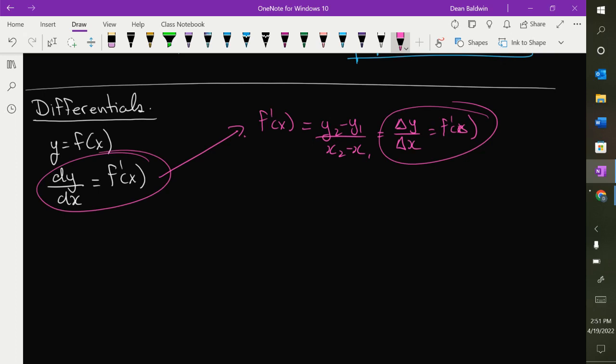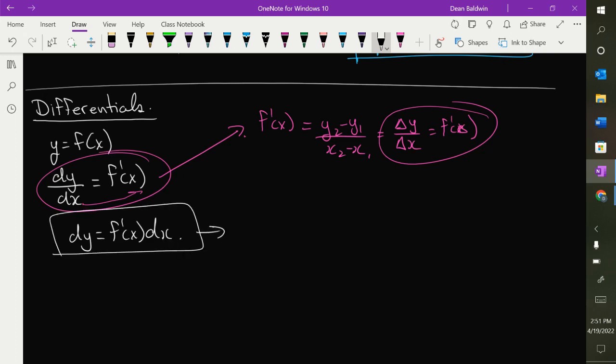This will become important in a sec when I talk about error measurements. So before we get there, if I take this dx here and multiply it up, I will get dy is equal to f prime of x dx.